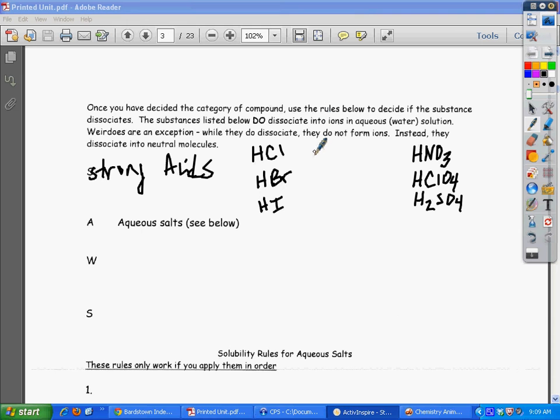And if you want to go back and add the names of those in there for any ones you don't particularly know, like I hope you all know hydrochloric acid is HCl. And that's why I listed these 3 together. This is hydrochloric acid, hydrobromic acid, hydroiodic acid.